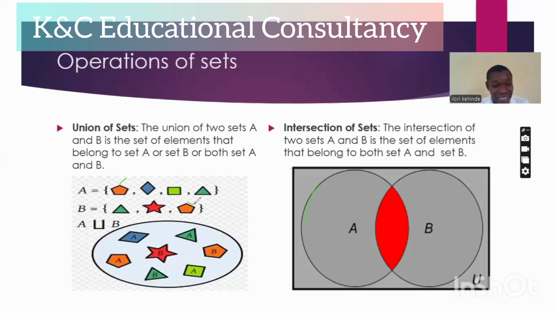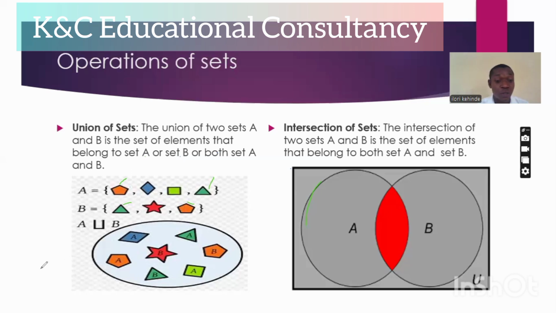And that's talking about the intersection. Likewise, this triangle and this triangle. So if I want to find A intersection B for this figure, the set of elements common to both of them is the pentagon and triangle. That is the intersection of these two sets, A intersection B.